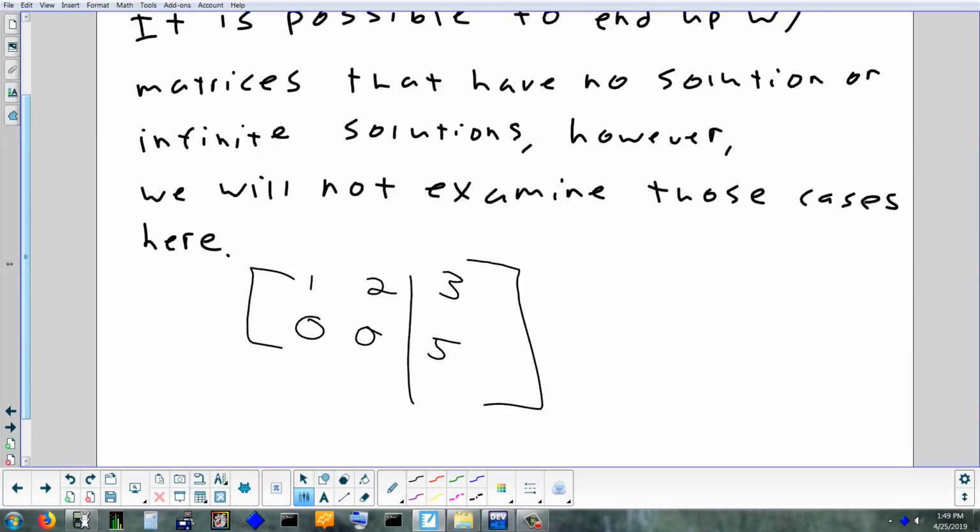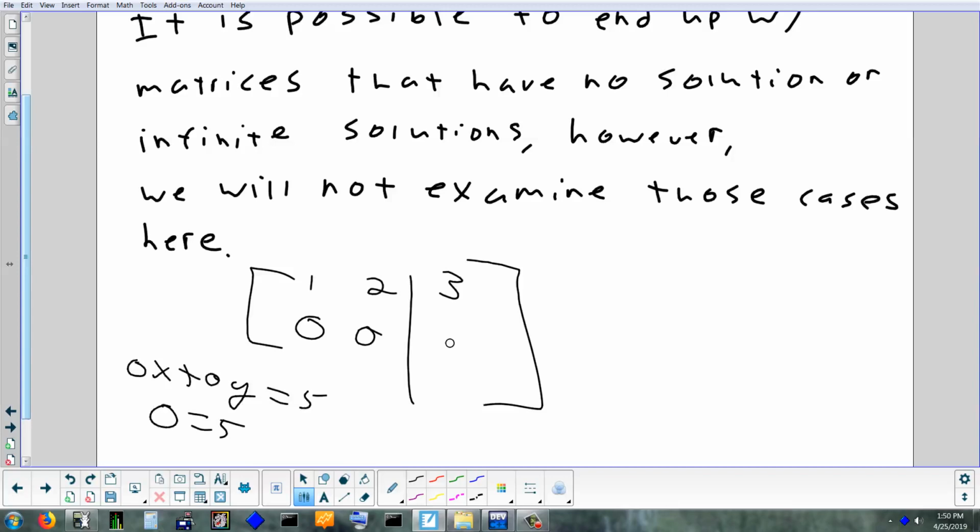That's no solution, because you ended up with 0x plus 0y equals 5. How can 0 times something plus 0 times something equal 5? It can't. It's basically 0 equals 5. That's what would happen in a no solution. You get a false statement.